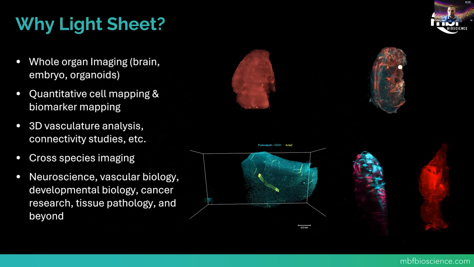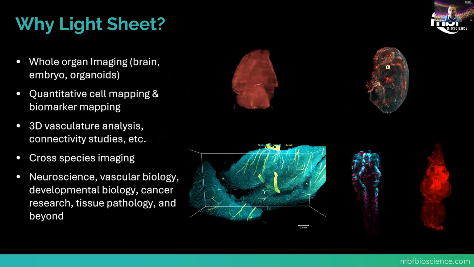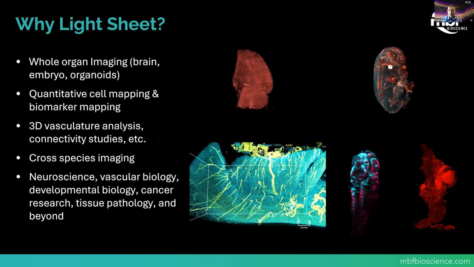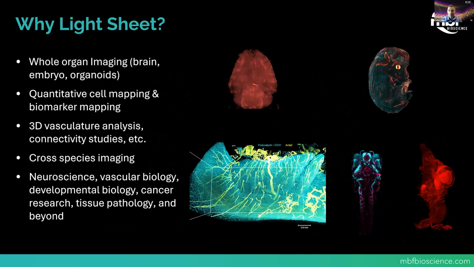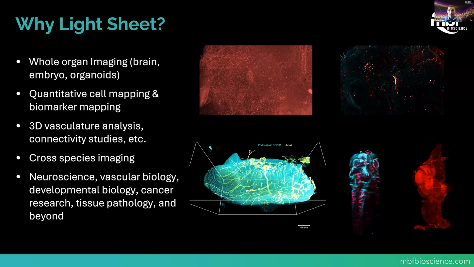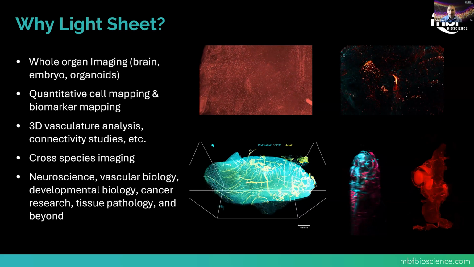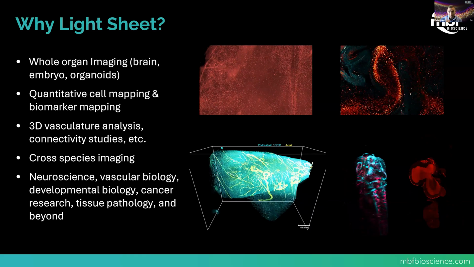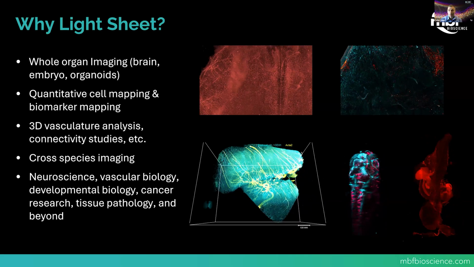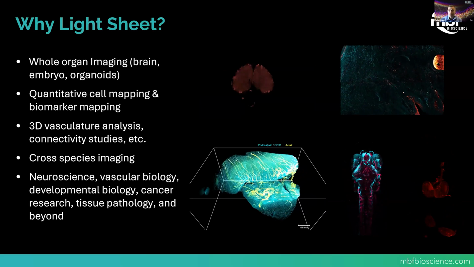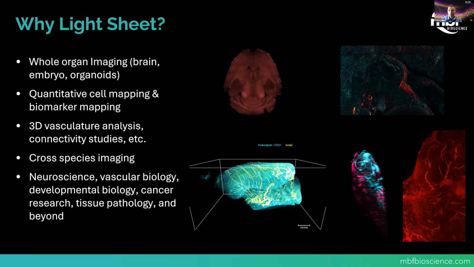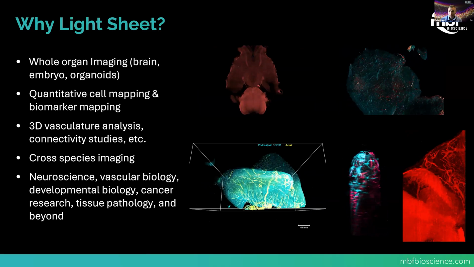Now I'd like to show you a few representative data sets acquired with the SLICE system, just to illustrate the range of potential biological applications. Starting with the top left, that's a phosphotrap mouse brain expressing tdTomato, cleared using the CUBIC-R protocol. In the top right, we have a mouse embryo where the serotonergic neurons labeled with Cy3 are shown in orange, and the tissue autofluorescence is shown in cyan.